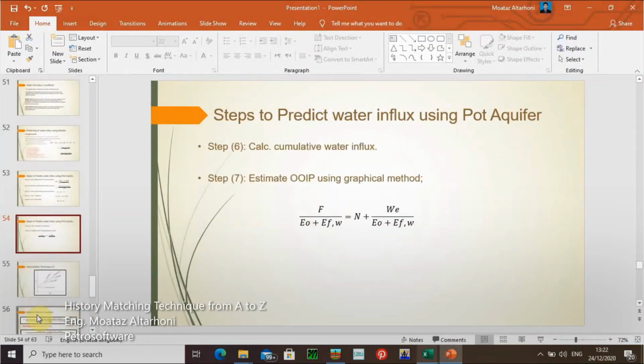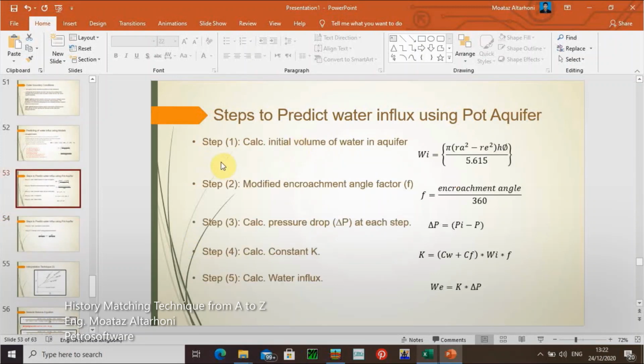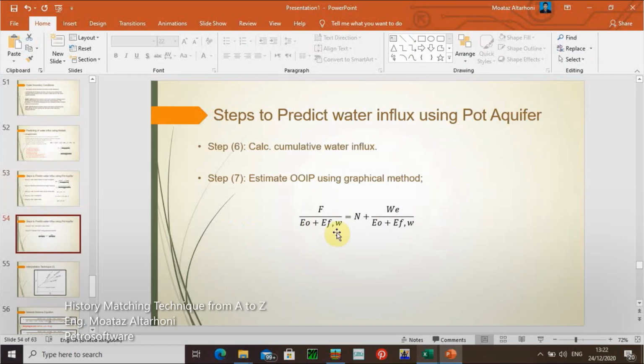I need to calculate the last step after calculating the cumulative water. So I started with initial volume, F, delta P, K and water influx. Now I need to calculate the original oil in place, N. If you remember, with the graphical method, using this relation, I put this on Y and that on X, and the intercept will be the original oil in place.